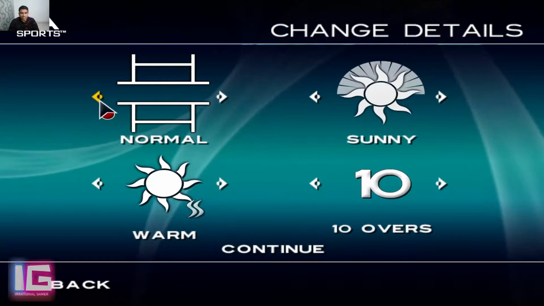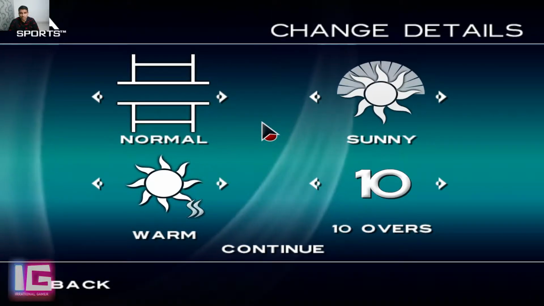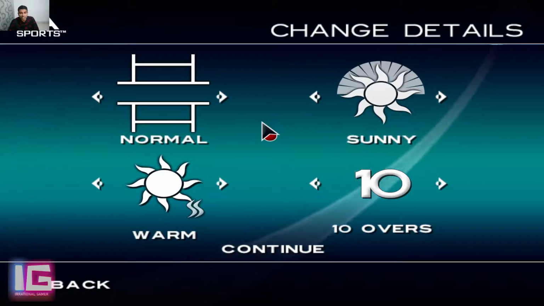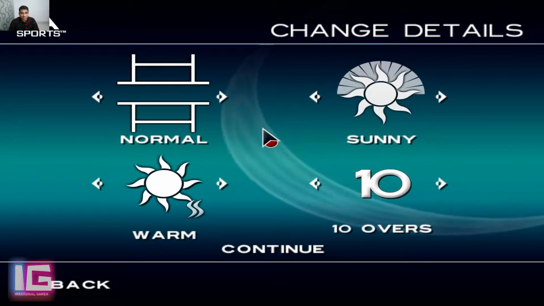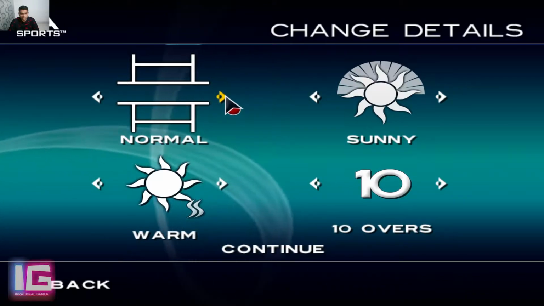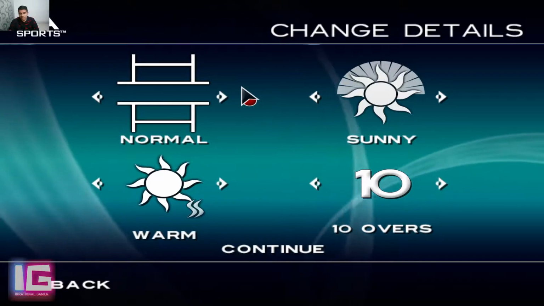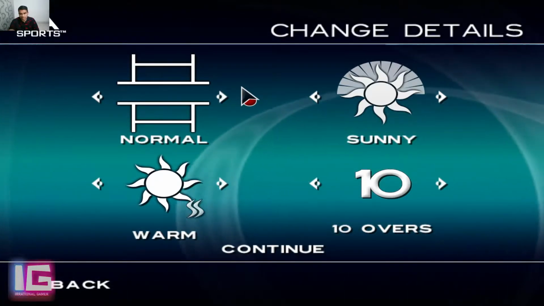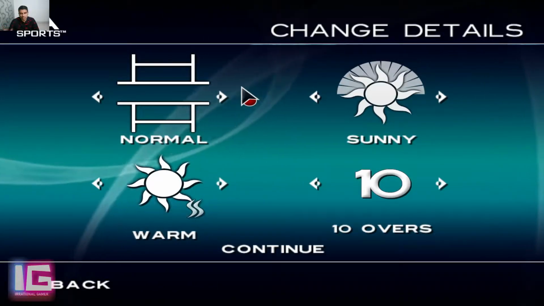Like whenever the CPU bowls, they bowl a lot of no balls, a lot of wides, and the ball always runs towards the boundary. The keeper always misses it and it happens a lot. So someone told me to always use normal pitch and limit the game frame rate to 60 frames per second to avoid the extra byes bug from the CPU.